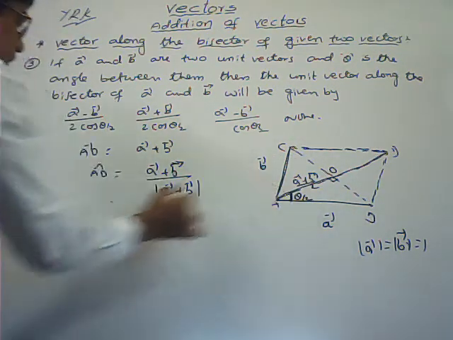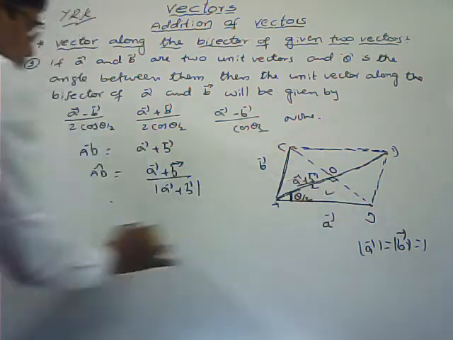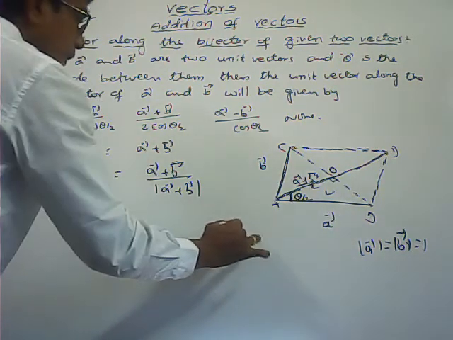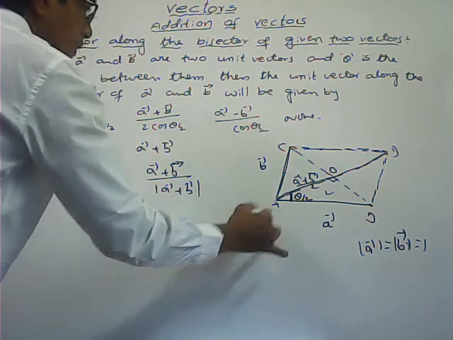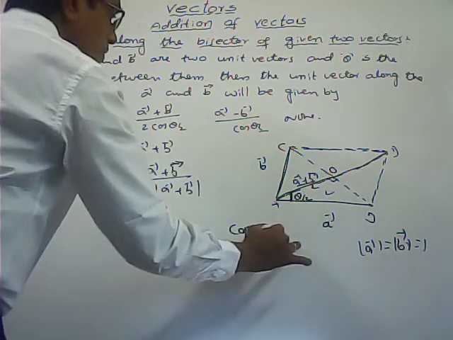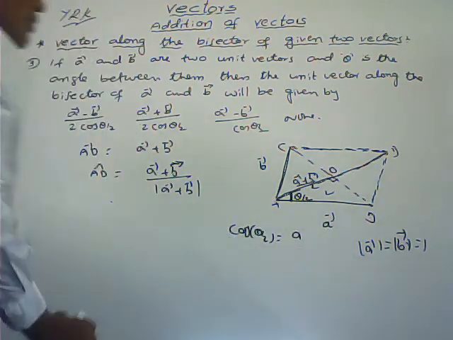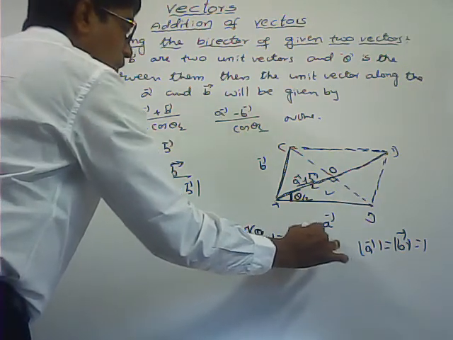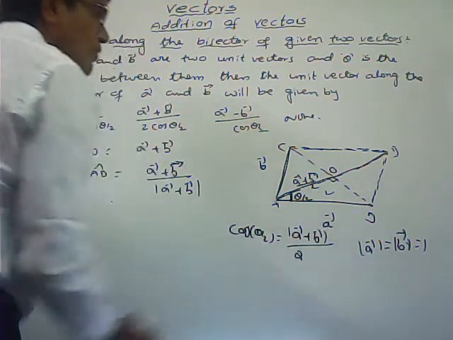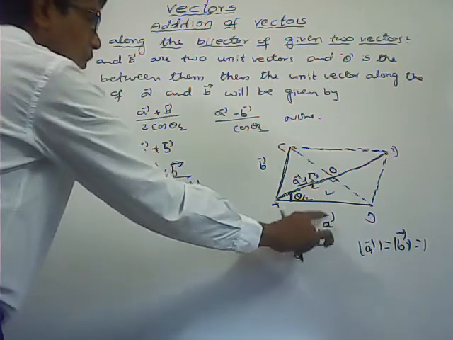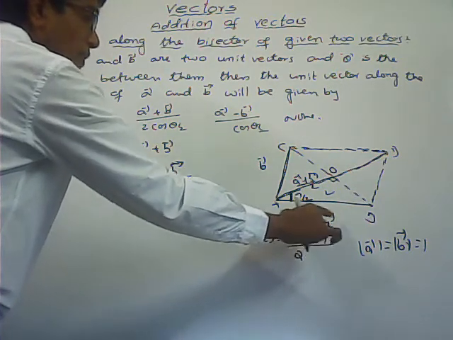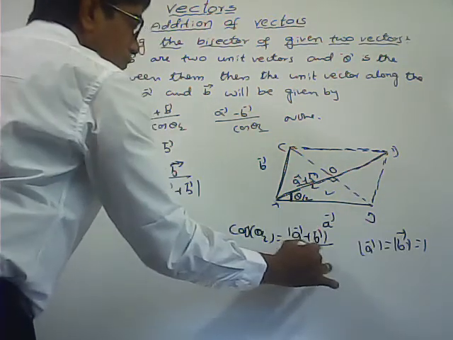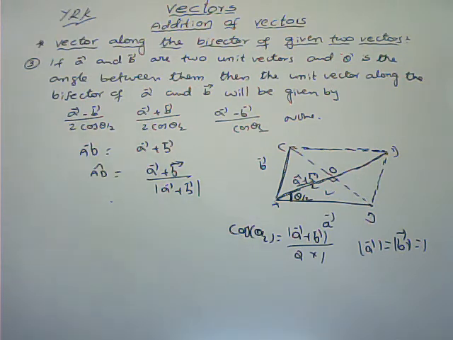Now, here I am taking cos theta by 2 in this triangle. Here adjacent side AO bar, what is the modulus of this one? Modulus of A bar plus B bar by 2 upon hypotenuse. What about the hypotenuse? A bar, that is the unit vector, is modulus 1 only. Here we are taking scalars only.